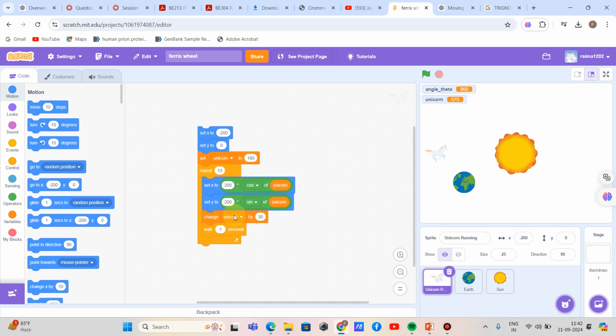Then I update the angle theta by 30 degrees, that is 180 plus 30 degrees for the next position. And I use wait for 1 second, because the computer runs really fast, so the circular motion ends very fast and we are not able to track when angle theta is changing, as it looks like one uniform motion.